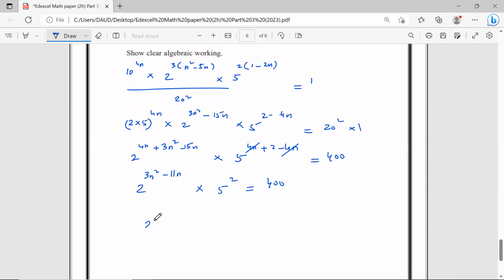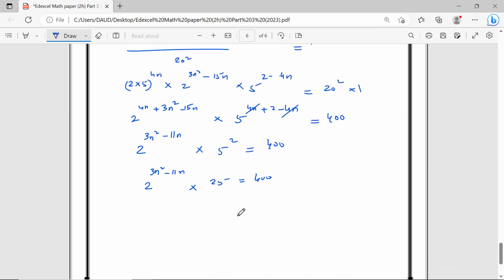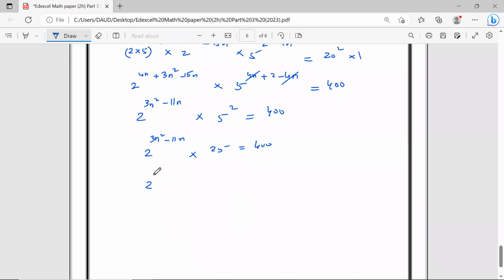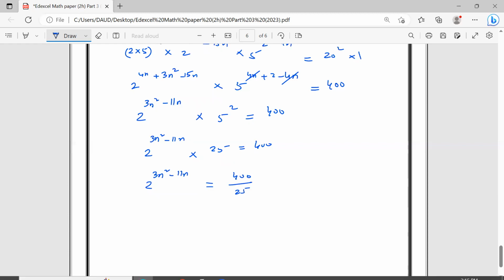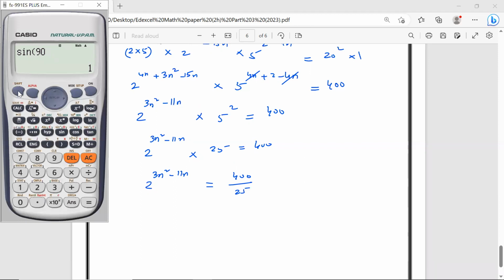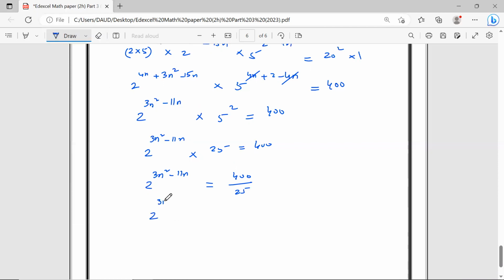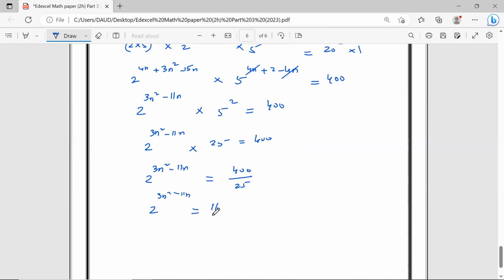Next step, 2 power 3n squared minus 11n. This 5 squared means 25, and if you take 25 to the other side, it will divide. 2 power 3n squared minus 11n is equal to 400 over 25, which gives us 16.